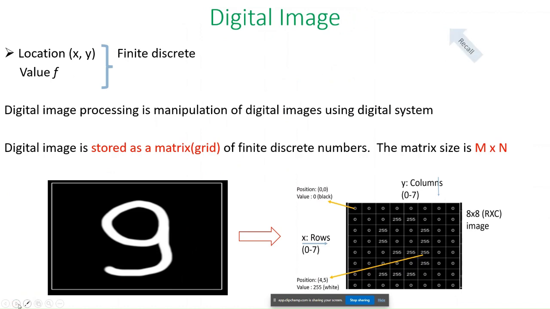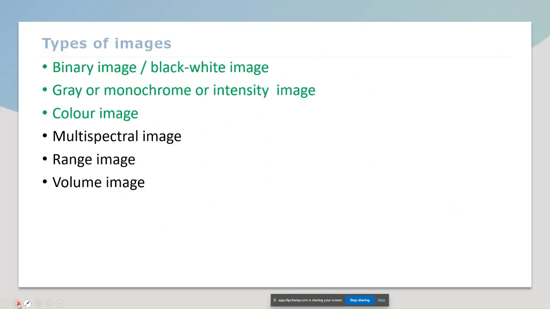Now, depending upon the type of camera that you have and the application in which those cameras will be used, there are different types of images available. For example, satellite cameras will output satellite images, which are completely different and cannot be captured by a normal DSLR camera or your mobile phone camera.